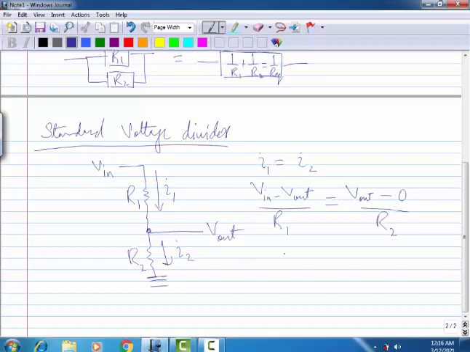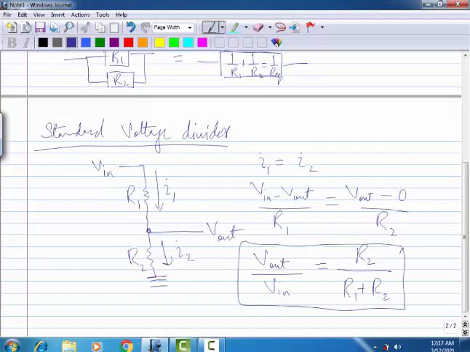When we solve this equation, it becomes a voltage divider, and V out divided by V in, after simplification, equals R2 divided by R1 plus R2. This is known as the voltage divider.